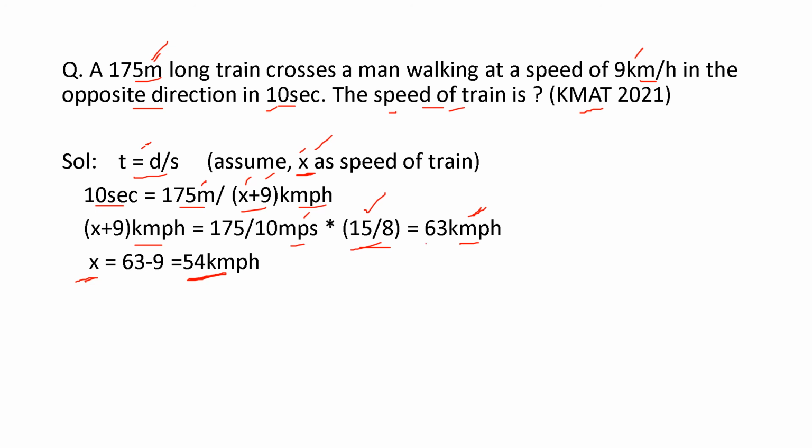Right, so 63 kilometers per hour. And speed is x plus 9 kilometers per hour. So x plus 9 kilometers per hour is equal to 63 kilometers per hour. From that you have to find the value of x. 63 minus 9, and that is 54.